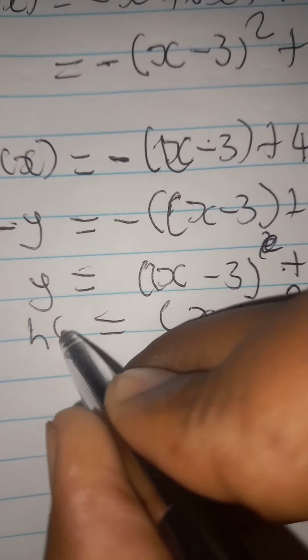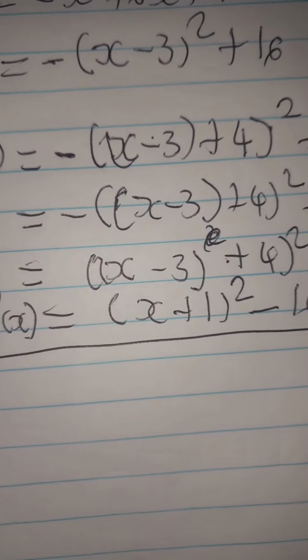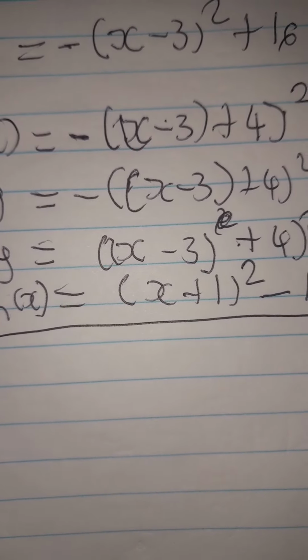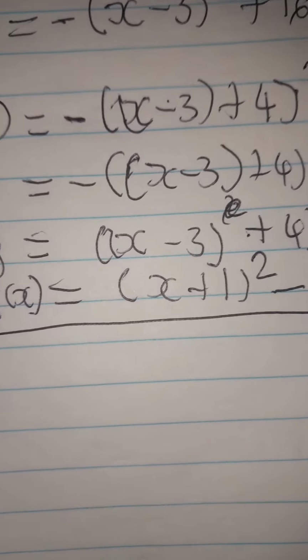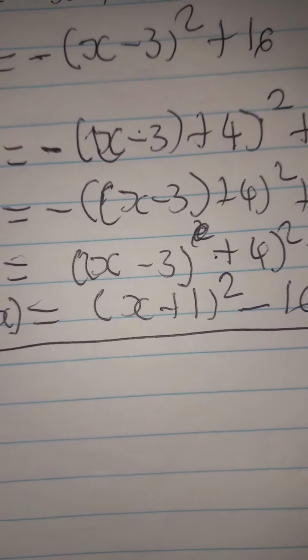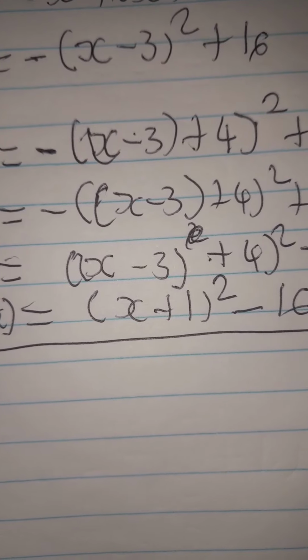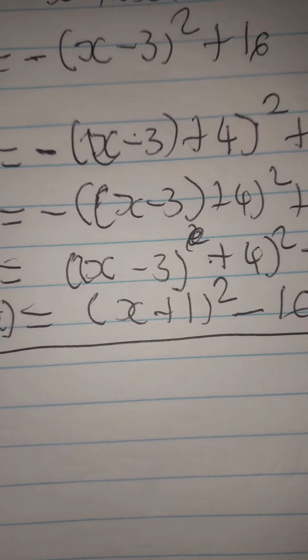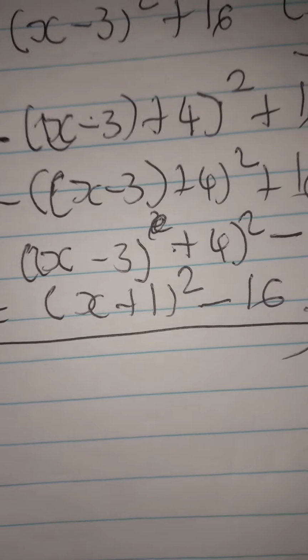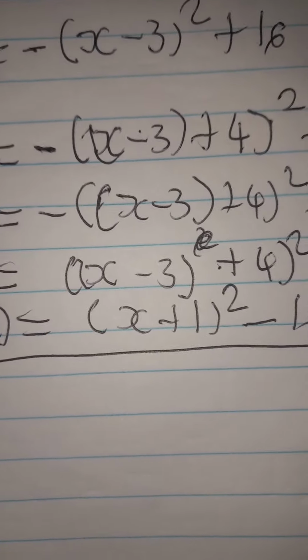So this is the graph of h that is formed by f when it is shifted 4 units to the left. When it's left, you add. When it's right, you subtract, right? Reflection about the x-axis, your y value becomes negative. Reflection about the y-axis, your x value becomes negative. Reflection about the line y equals x, you swap the coordinates.